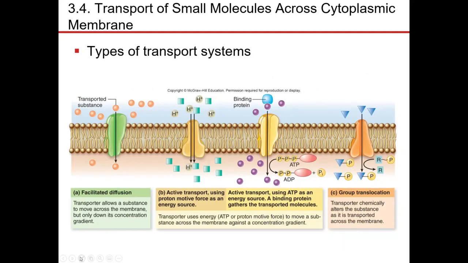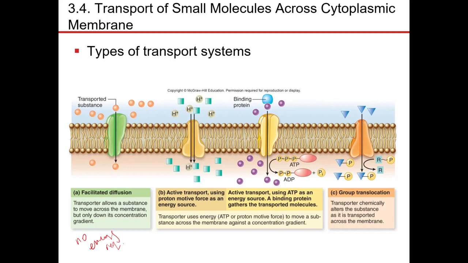So the first one is facilitated diffusion. If you look at these orange circles, you have a high concentration of them outside, then inside. So naturally, they would flow down the concentration gradient, right? So this process does not require energy. Okay, no energy required, because this is a passive process.